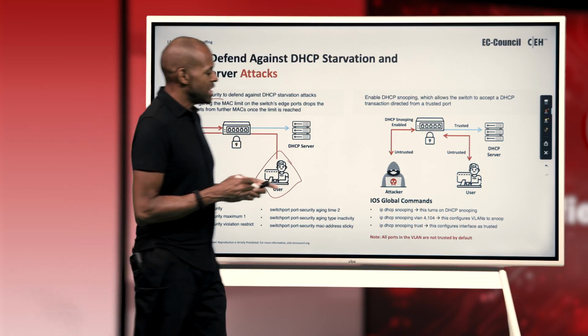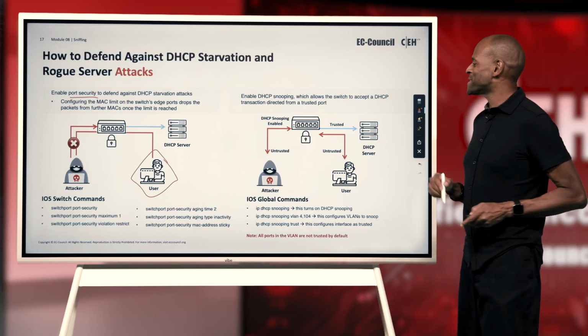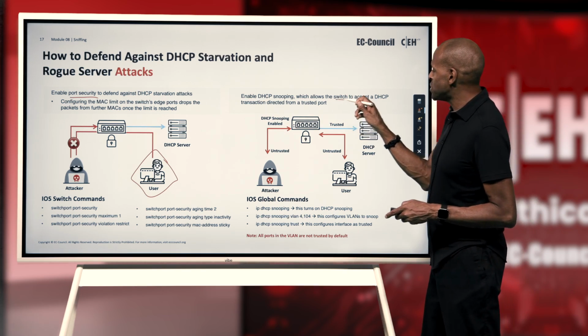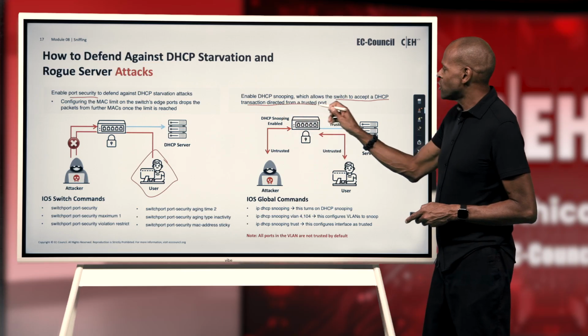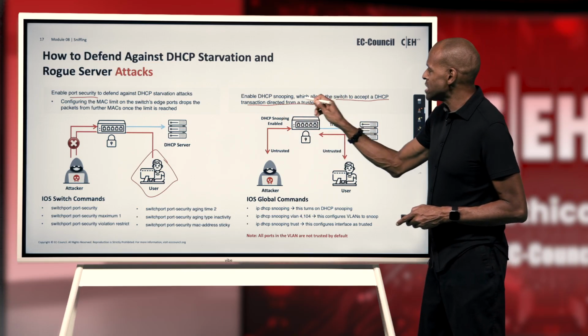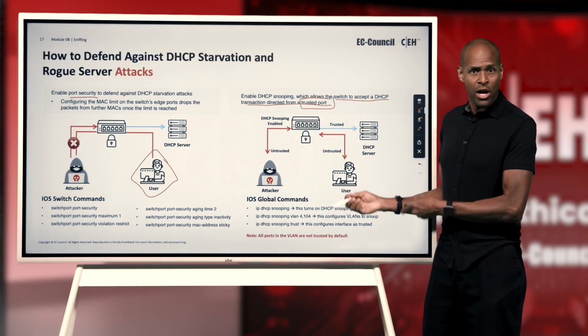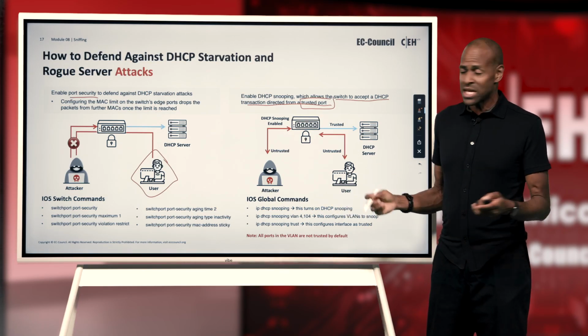The next one is we want to enable DHCP snooping. And so we enable it, and that allows the switch to accept a DHCP transaction directed from a what? Trusted port. All right, so the first thing we're going to do is turn on DHCP snooping. This is a global command, which means it affects the entire switch.